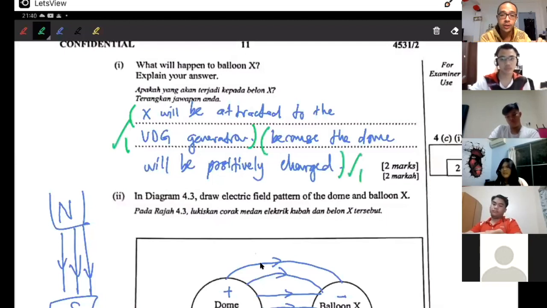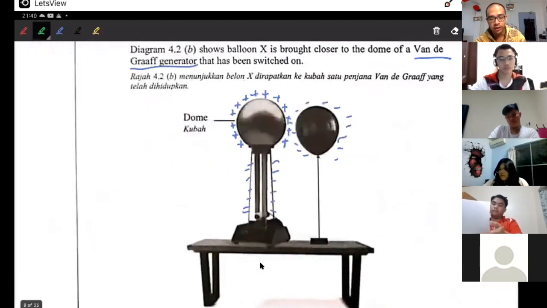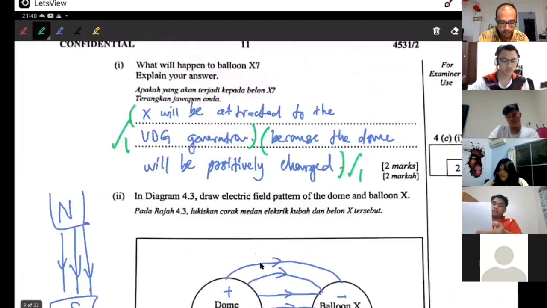Yeah, I forgot. Thank you for mentioning it. So the dome will be positively charged. This one is a kind of fact. When you turn the Van de Graaff generator on, the dome will become positive, and then the rubber belt down here will become negative. So don't worry about that.